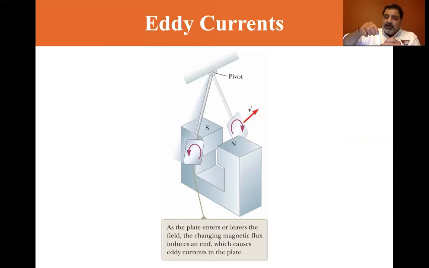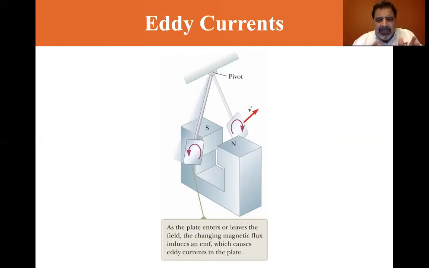As we drop this through here, it's a growing magnetic field, so it induces a current to oppose the changing magnetic field, and that opposition actually forms a brake. Again, you can see how it goes slowly through the magnet.